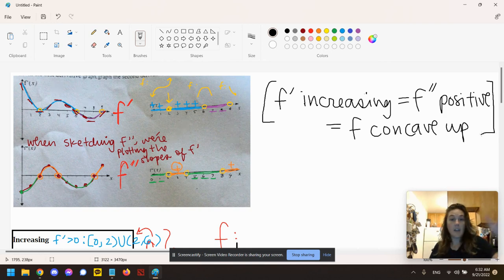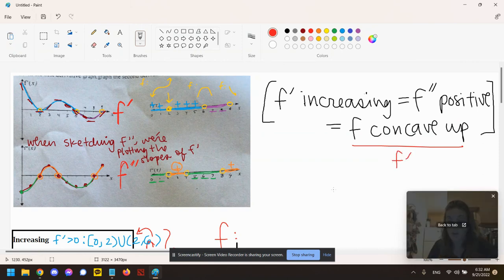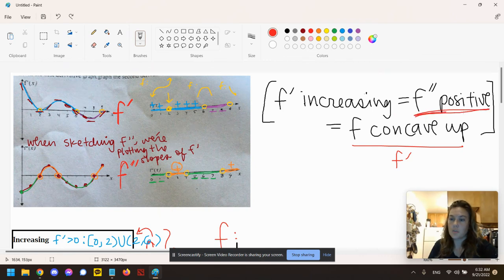So if I ask you any of these three, you can instead answer your favorite of these three, right? If I ask you, is f concave up, and I give you a graph of f, we probably do want to look at this. But if I ask you, is f concave up, and I give you a graph of f prime, either we should answer this question, or we should make the second derivative graph and answer this question.